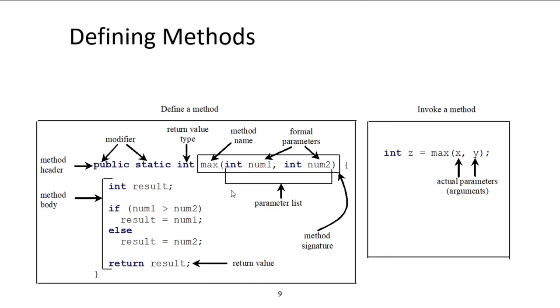Here, you see the same method, but this time we have some explanations for it. So the first line you see here, public static int max, int num1, int num2, is called the method header. The header includes all the necessary information that you need about the method.